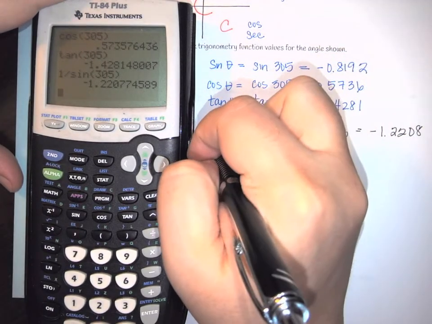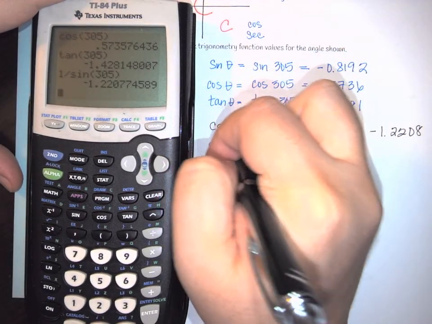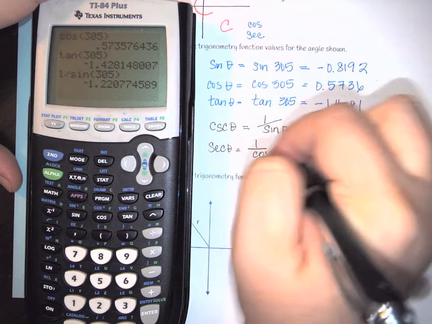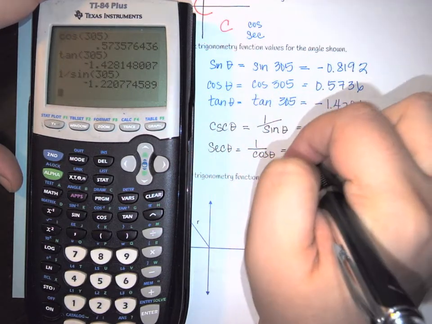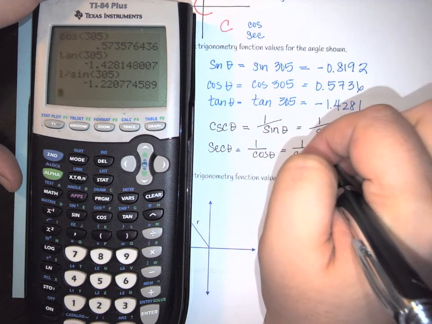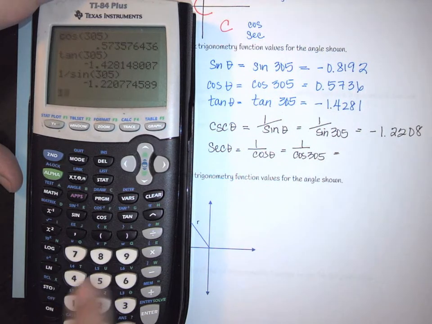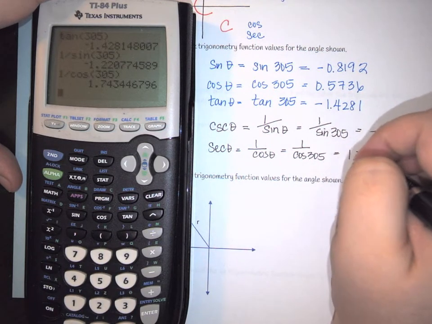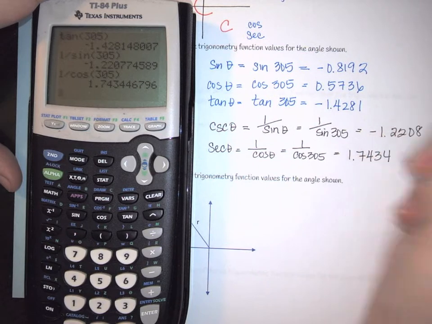Now the next one we have is secant. So remember, secant is the same as 1 over the cosine. So this would be 1 over that cosine of 305. So 1 divided by cosine 305, which is going to give you 1.7434.